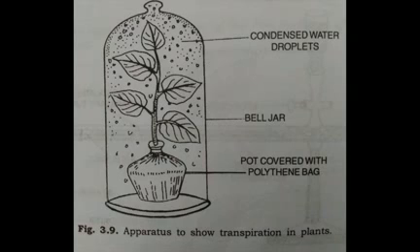Thus, a continuous chain of water is formed in the xylem tubes, and this is known as the transpiration pull. Another importance of transpiration is removal of excess water. Transpiration helps in removal of excess of water.